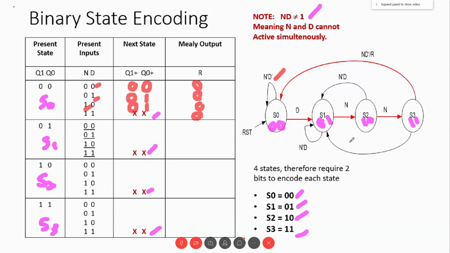Okay? Now, you are here, 0, 1, S1. If your input is 0, 0, it is not mentioned here. Therefore, you don't change state. No trigger. And the output also 0. If you are 0, 1 and D is 1, D is 1 is this one. 0, 1. Yeah, this is 1. That means you stay. Sorry, not 0, 0. It should be 0, 1 because you stay. Don't change, right?